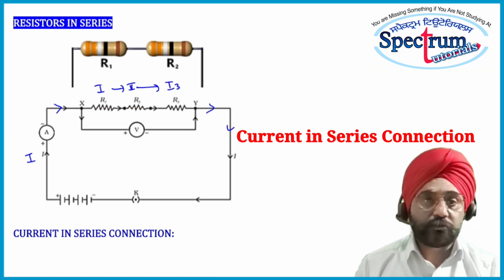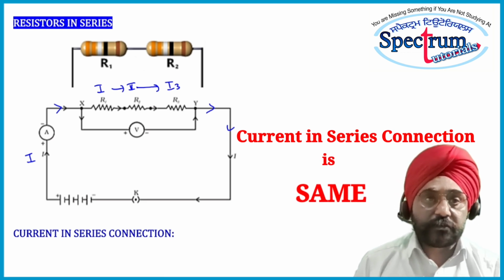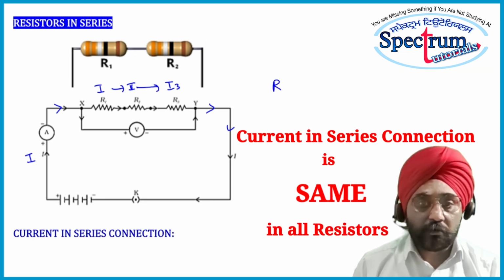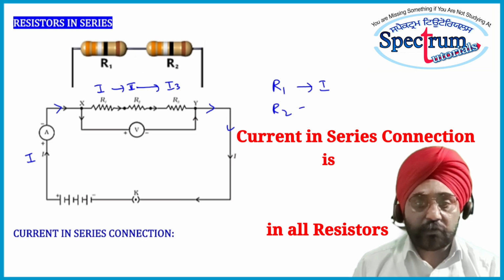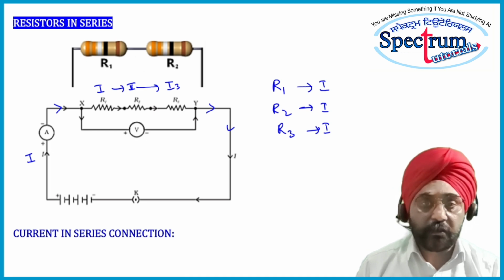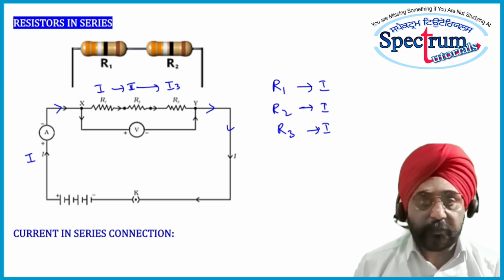So the current through resistors is same. Current through resistors connected in series connection is same. So R1 is having current I, R2 is having current I, R3 is having current I. So the current passing through resistors connected in series remains the same.